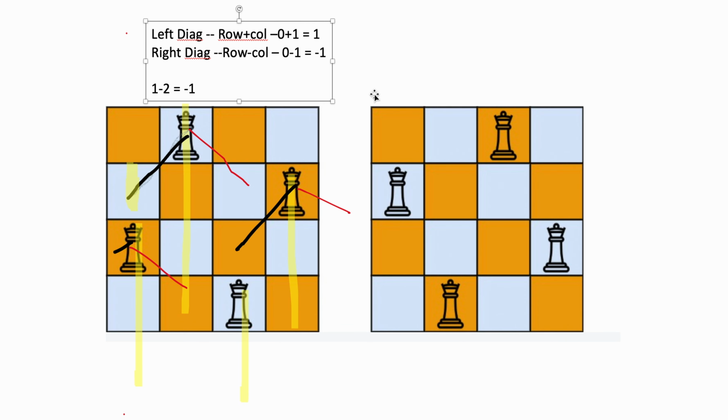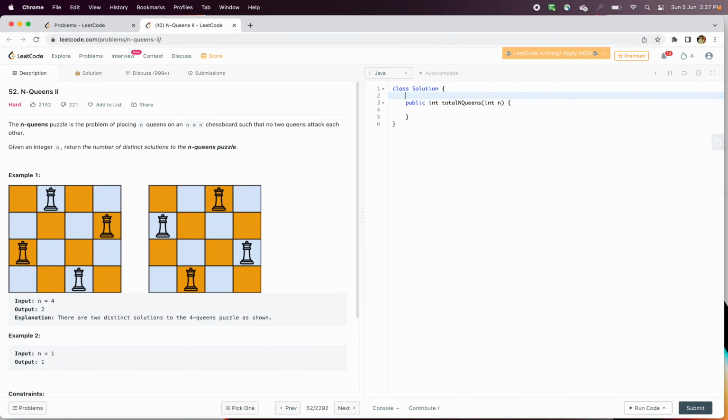So let's go to the coding part quickly, and the algorithm used here is backtracking. So let's switch to the Leetcode window. First of all, I am creating 3 sets to store the values of left diagonal, right diagonal and columns.